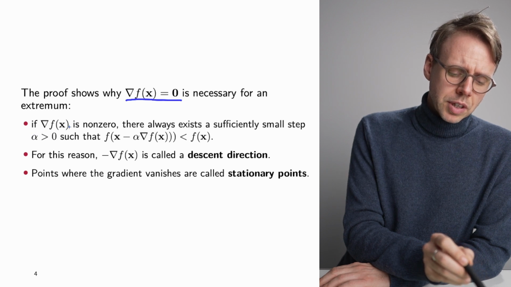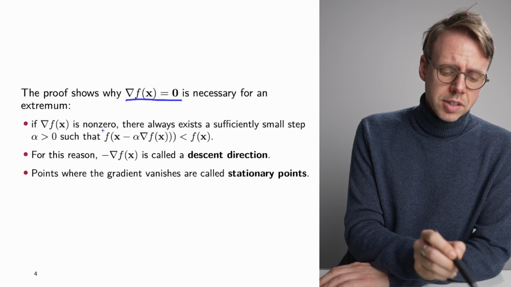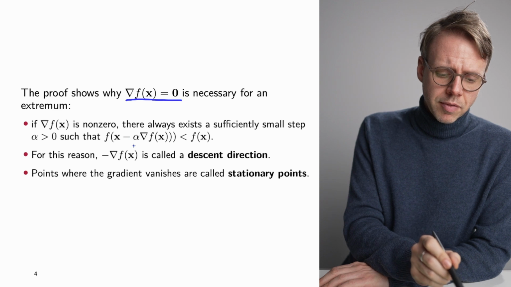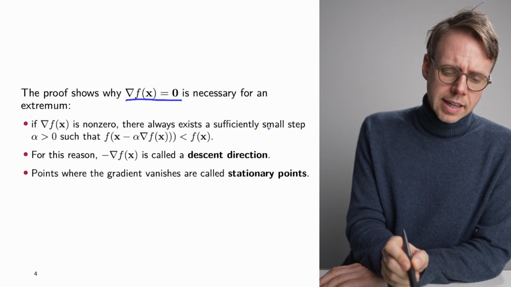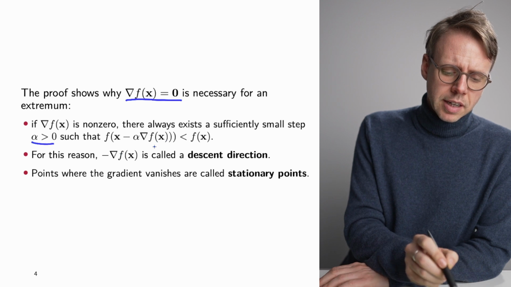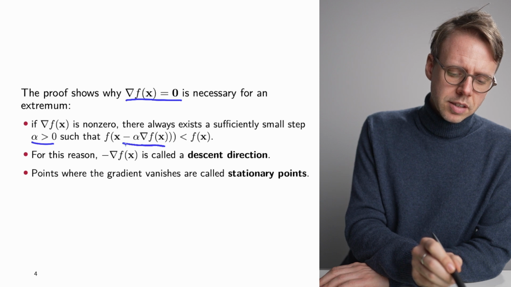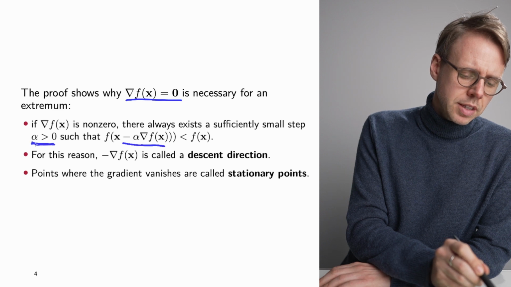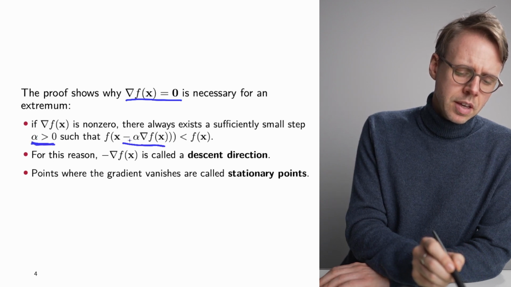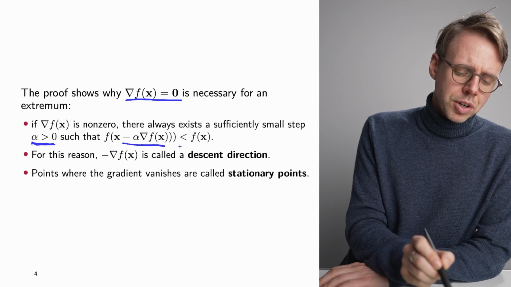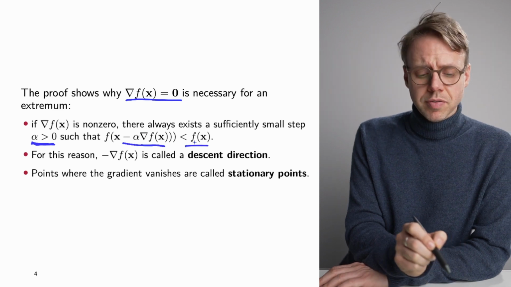Namely, if the gradient is non-zero, as we have just assumed in our proof, then we can always find a tiny step in the direction of the negative gradient. So we can always take the gradient, multiply it by a very small step alpha, and go a little bit in the opposite direction. So subtract that from x in order to decrease the function value.